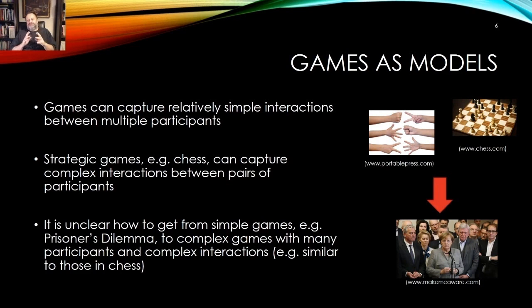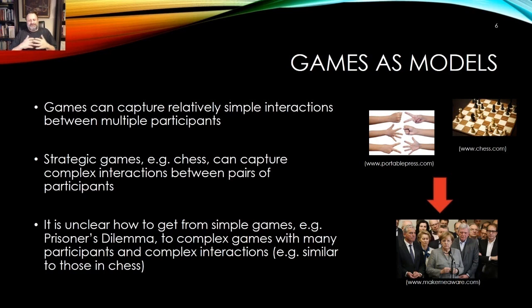So generally, if you think of the rock paper scissors or prisoner dilemma, these capture relatively simple interactions. Perhaps more complex interactions are captured, for example, in chess or Go, where you can play strategies and those strategies can be analyzed. However, in these complex games, typically we have just two partners.